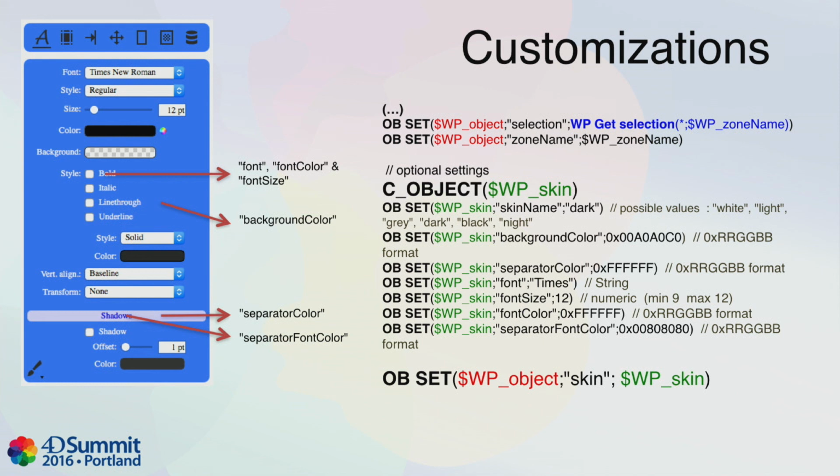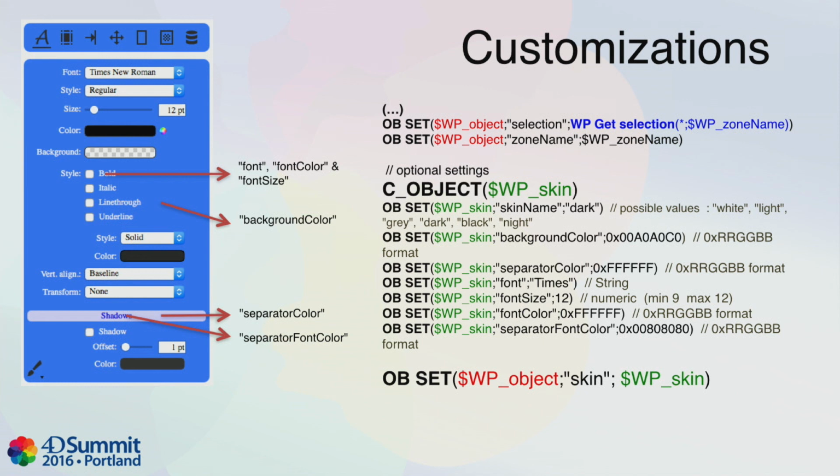For instance, if you want just to modify the font, you just have to say OB SET in my skin, font Times, just like in the middle here. I think you can see it. But you can also define a skin name, background color, separator font, separator color, font size, whatever you want. You can set all of them or only one if you're okay with one.